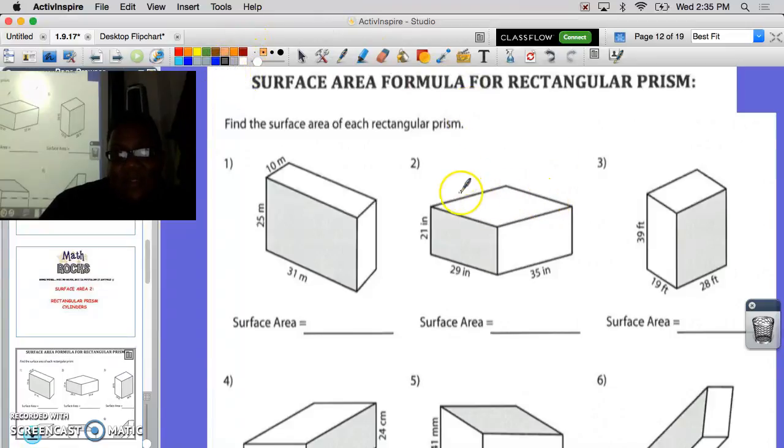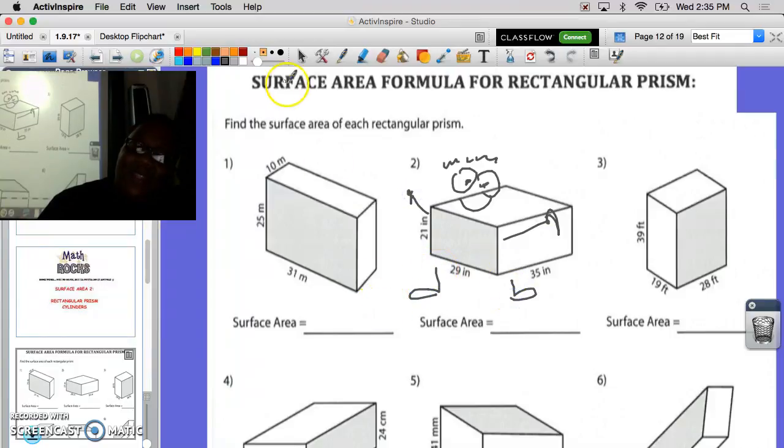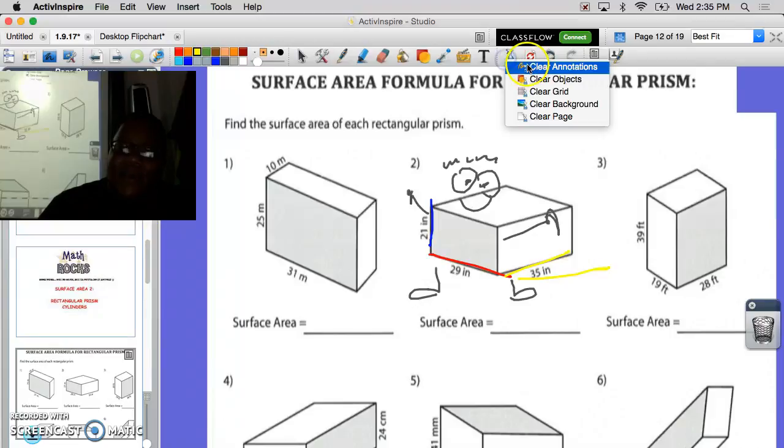If I'm looking at him this way, I would draw his eyes, arms, legs, and now I can see where the dimensions are. Here's your width, the belt, height, how tall. If the sun was shining, this would be your shadow, so length. And that's unfortunate for him, because everywhere he looks, the sun is always in his face. Brian, that's a good point. Didn't think about it that way.